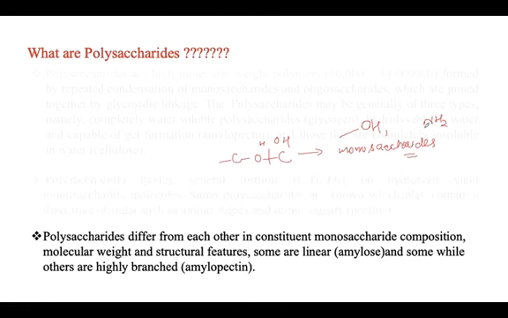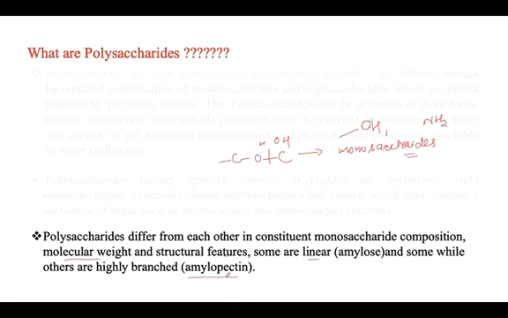Polysaccharides differ from each other. They are composed of many monosaccharide units, and they differ basically in molecular weight, because they have different molecular weights, and in structural features. Some of them are linear, for example amylose, and some others are highly branched, for example amylopectin.